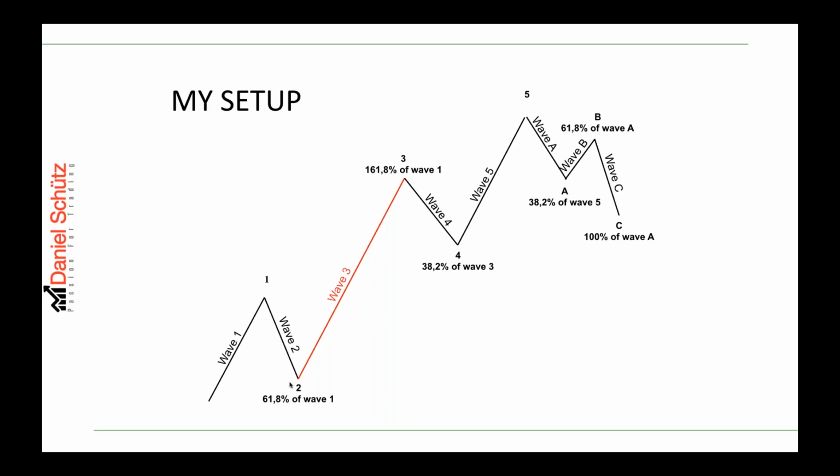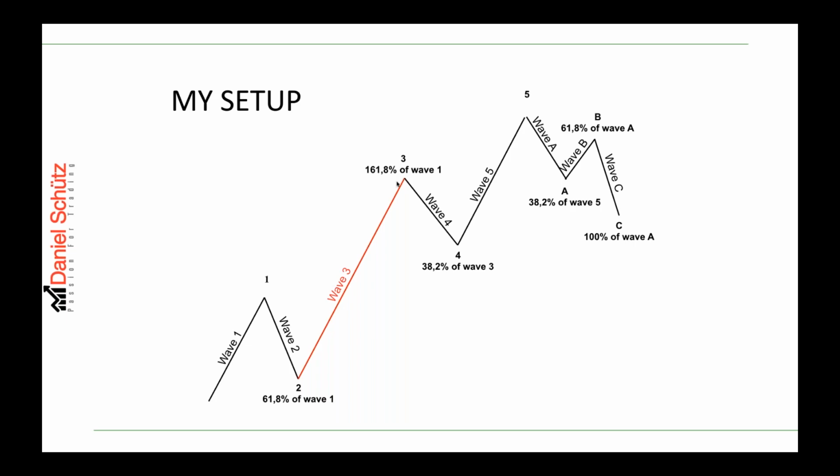I show you my trading setup, and again, that's the plain vanilla cycle of an Elliott wave, as we want to have it, with wave 1, with wave 2, which is often 61.8% of wave 1. Then we have wave 3, that is often 161.8% of wave 1.